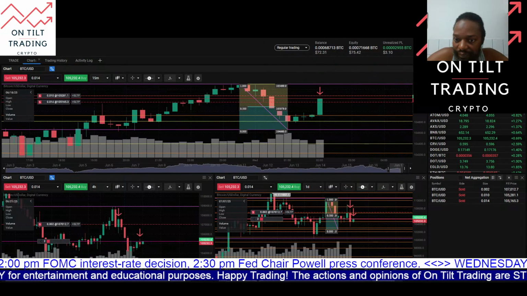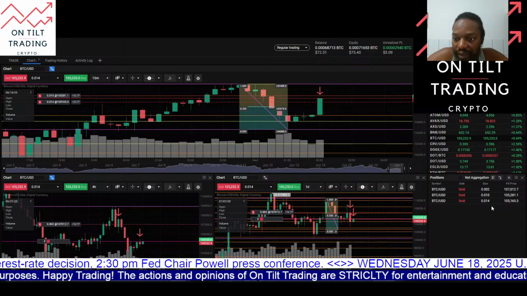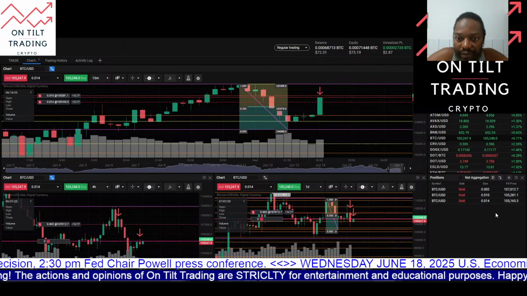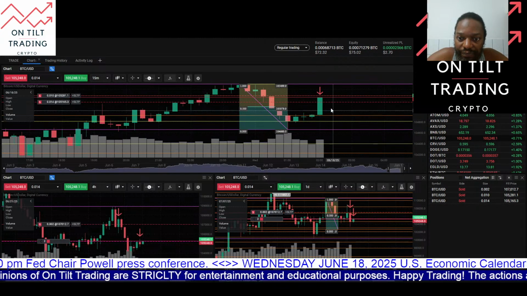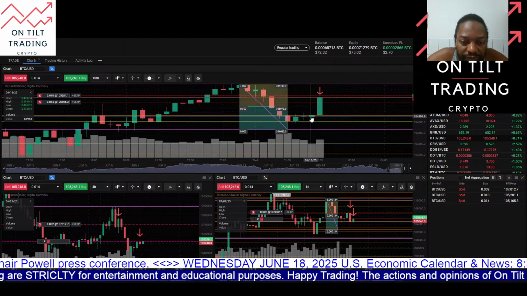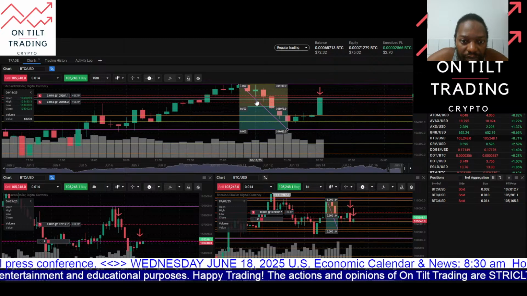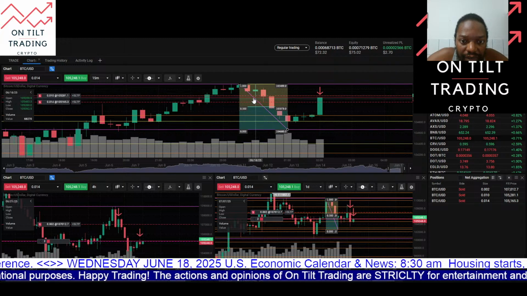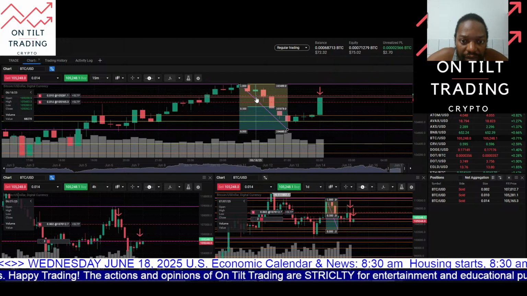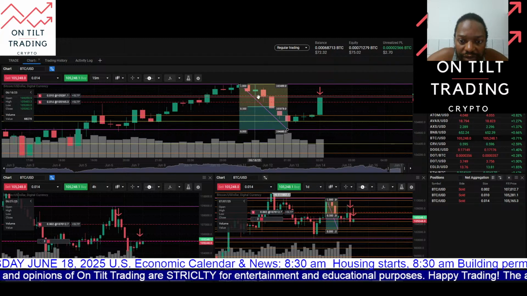And price still consolidating and being delivered to the buy side. Want to see it make contact here. I would expect there to be a reaction here.